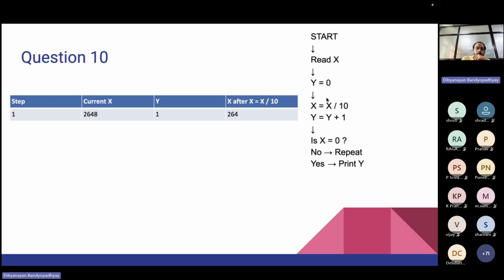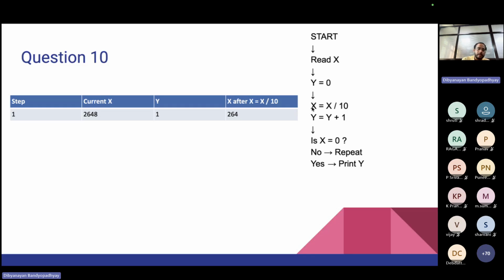This is basically 1 from this portion, and x after x equal to x by 10. So if you take x by 10, then what do you get actually? You are basically dividing it, right? Dividing x by 10, and you are getting this value.